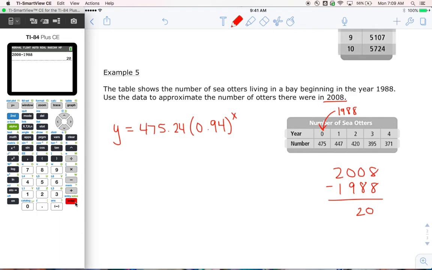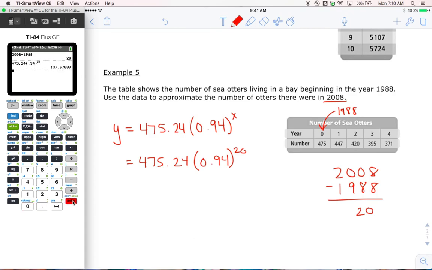All right, so to get our answer, we've got 475.24 times 0.94 to the 20th power. And to finish this off, all we have to do is plug it in. So we've got 475.24 times 0.94 in parentheses, which is raised to the power of 20, right? Because 20 years have passed since 1988.